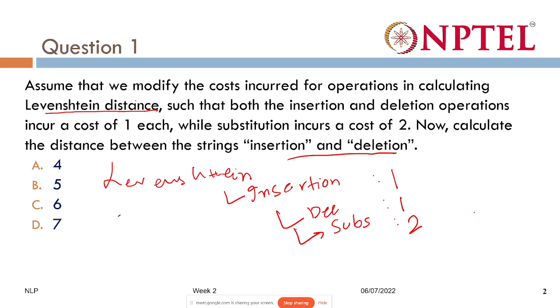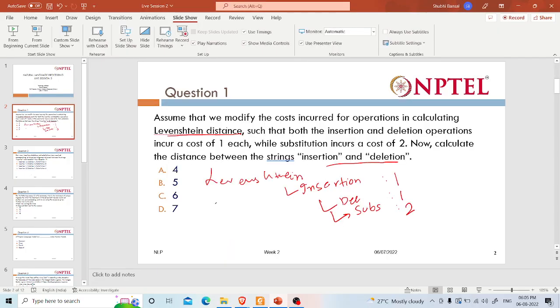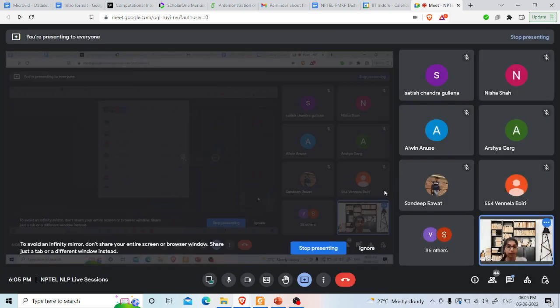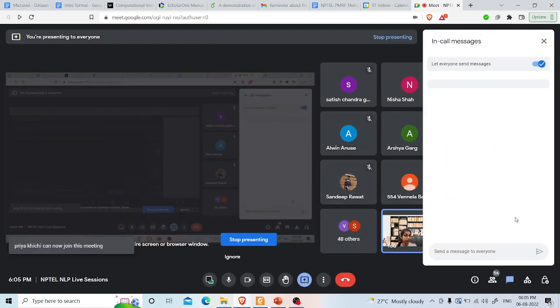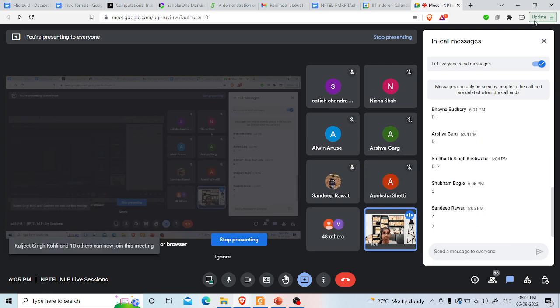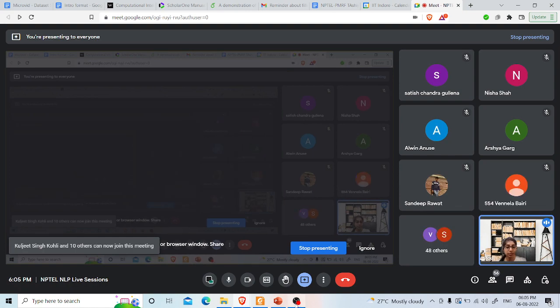Now they ask what can be the distance between the strings insertion and deletion. So please give it a try. D. People say option D. Okay, great. Let us discuss.